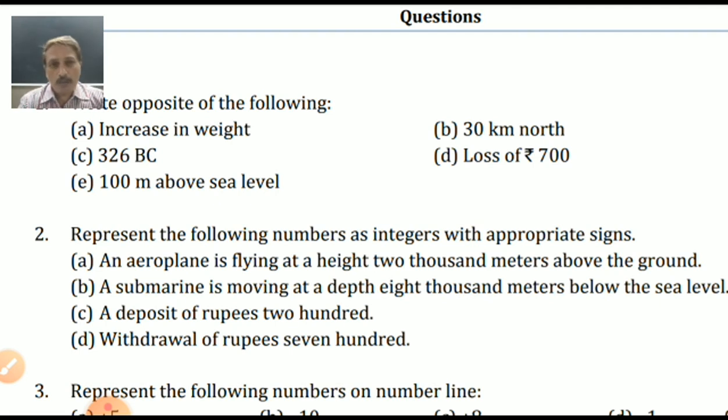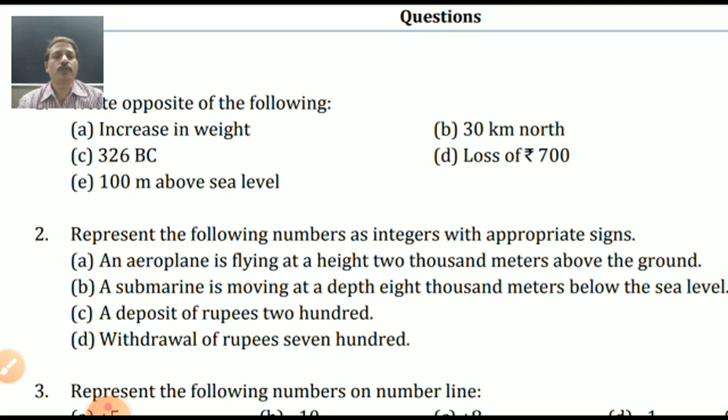Yes, we know an aeroplane is flying in the sky above the ground. Yes, very good students. So it will be a positive sign. A submarine is moving at a depth 8000 meters below the sea level. Sea level means the sea is there. Yes, and then after, under the water. Yes, it is under the water.